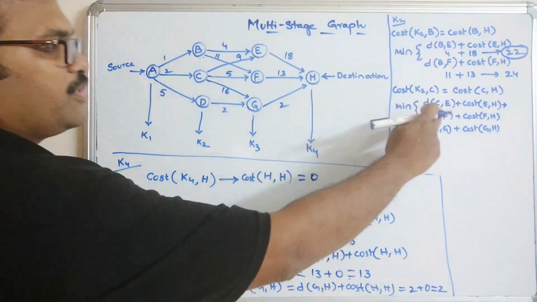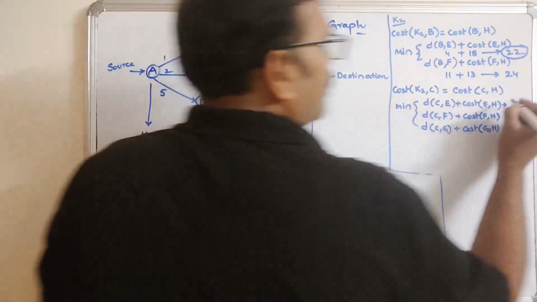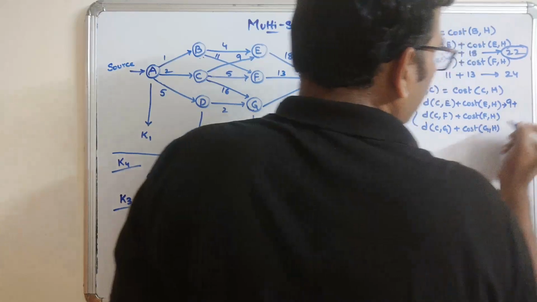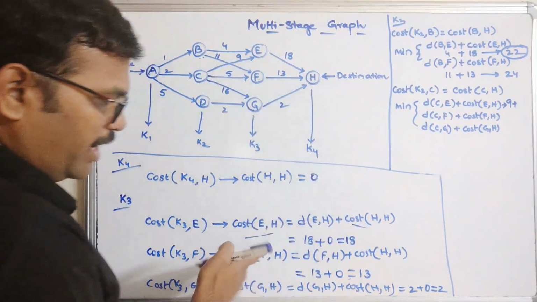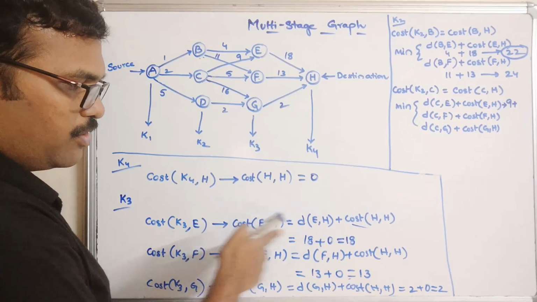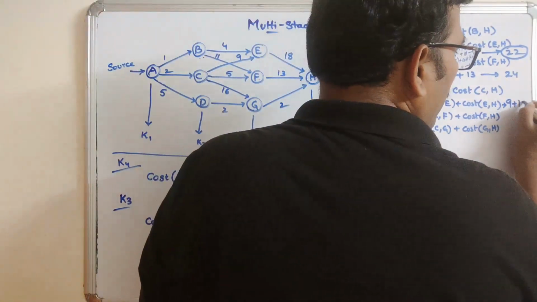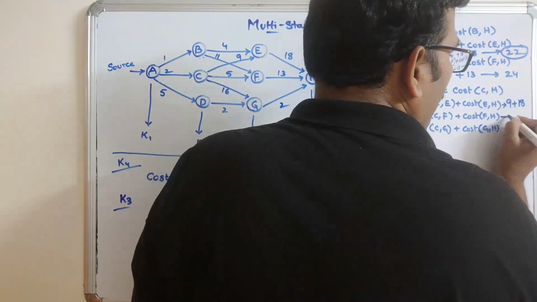D of CE. CE is 9 plus E and H. Cost of E and H we already found, right? So here 18, which is 27.